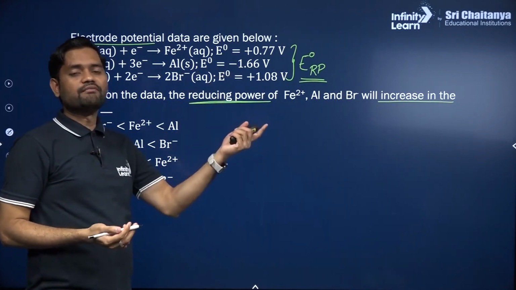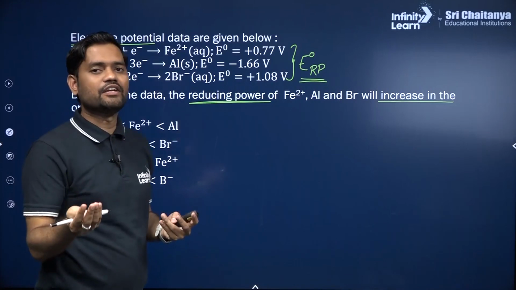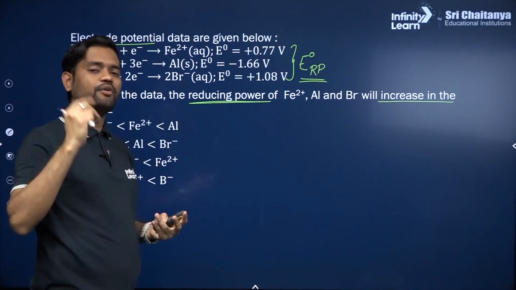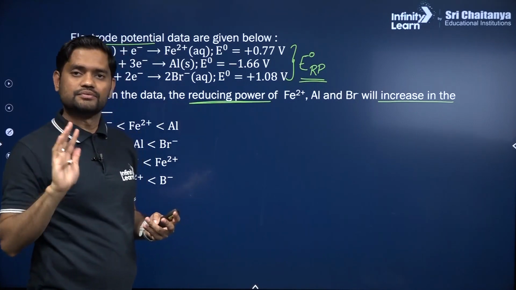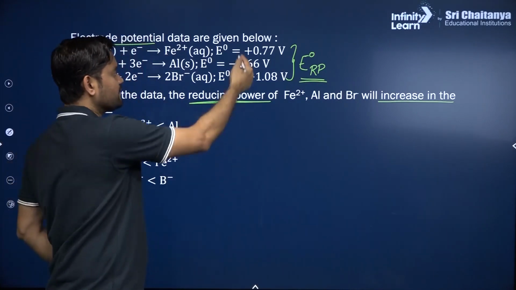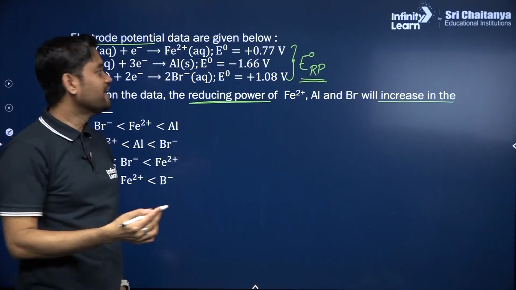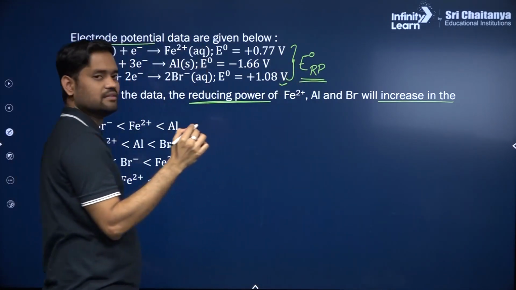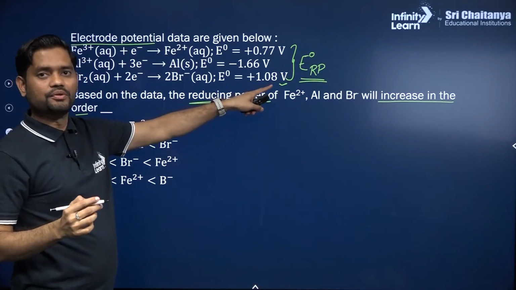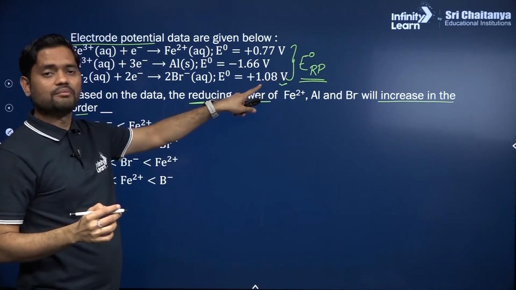See, the more positive the value, the more easily that will undergo reduction. The more positive the value, the less will be the oxidation. So out of all this, can I say this can undergo reduction very easily? Standard reduction potential is maximum, right?